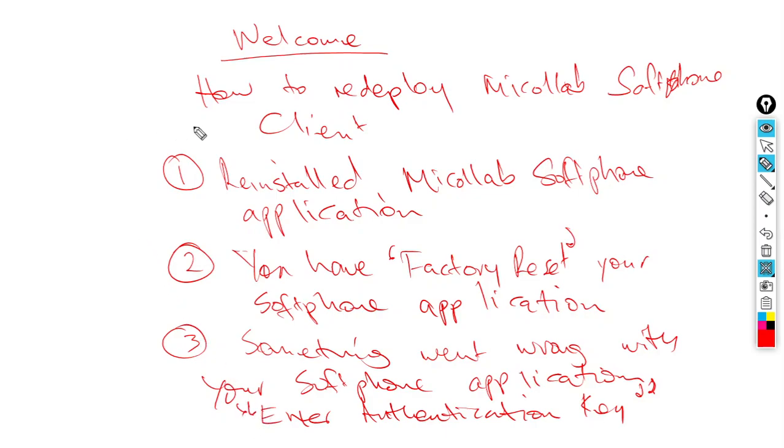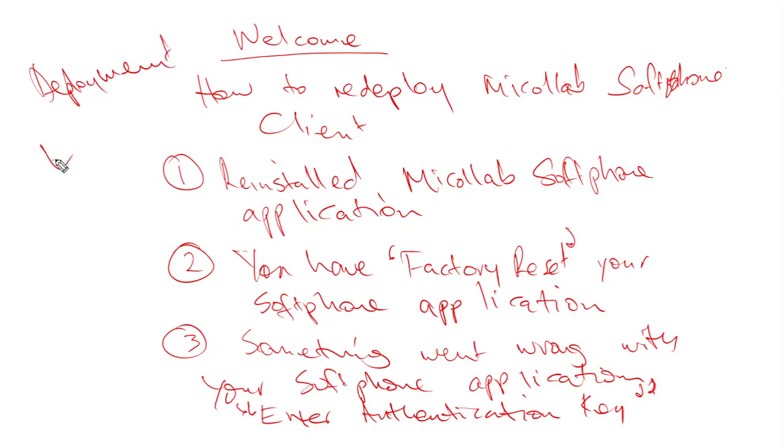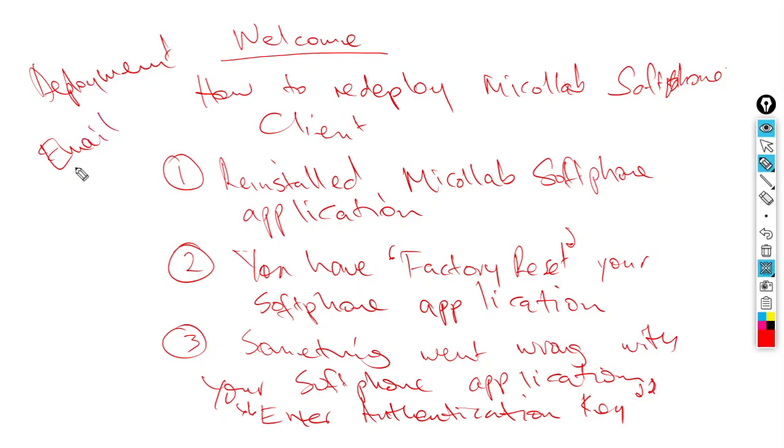So in these three scenarios, we will be forced to contact our administrator and ask the administrator to redeploy us on Micollab server. And when the administrator redeploys us, we are going to receive a deployment email, which you can also just say probably it's a welcome email.